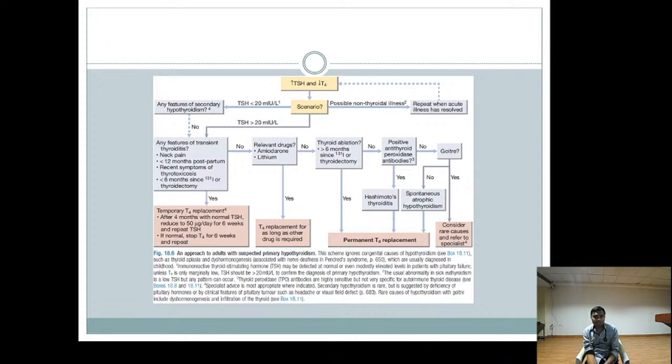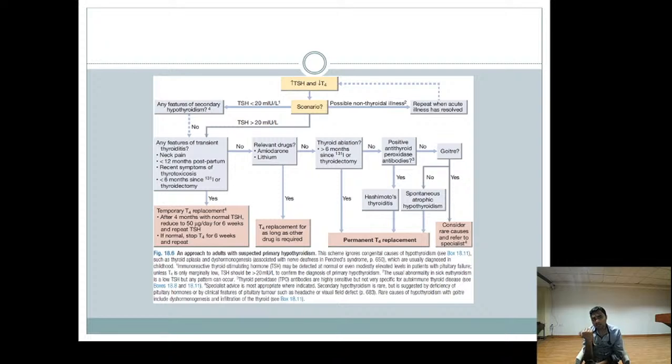This is the approach to the patient with hypothyroidism. When you see features of hypothyroidism, that is symptoms and signs, then we go for thyroid function test. In thyroid function test, T4 is low and TSH is high. First, we should rule out non-thyroidal illness. Next, if TSH is less than 20, look for any features of secondary hypothyroidism, that is due to the pituitary gland. Is there any pituitary gland involvement?